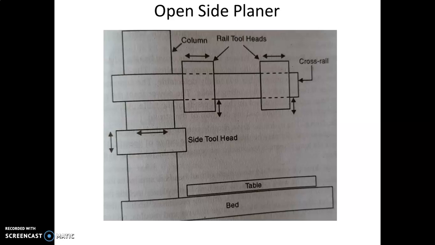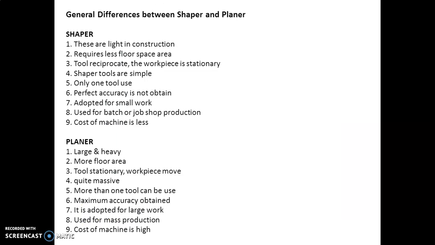The portion of the job extending beyond the table side must be supported properly. They are not as strong and rigid as a double housing planer. So this is one of the types of planer machine, in which the machining of surfaces can very easily be carried out. So in the next slide we will discuss some of the differences between the shaper and planer.